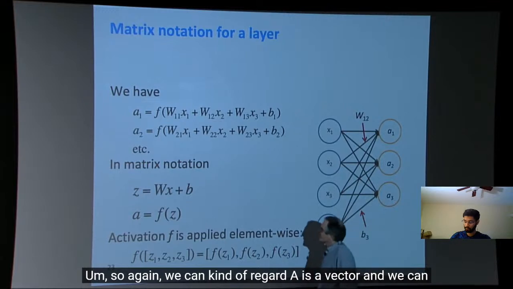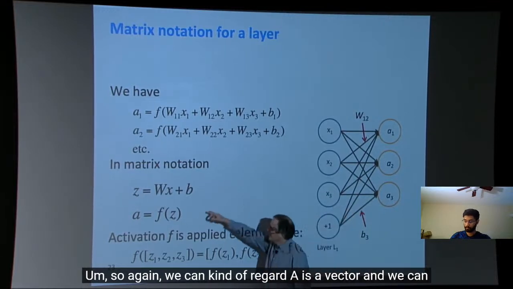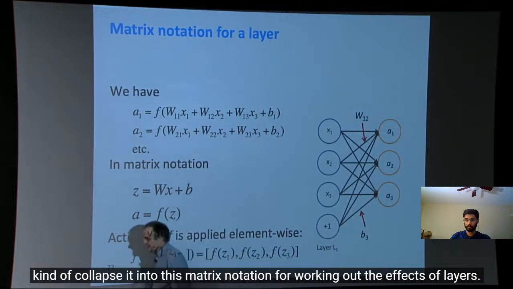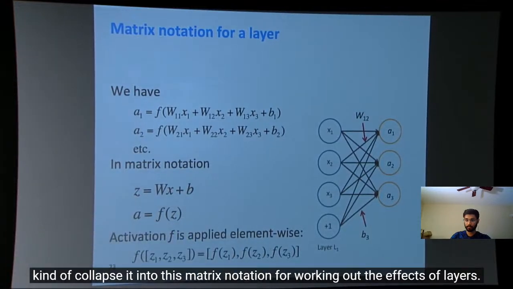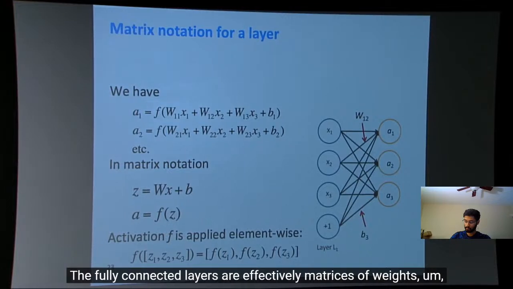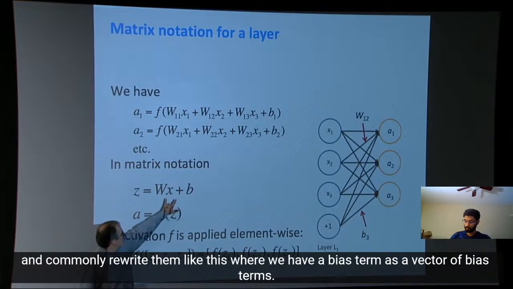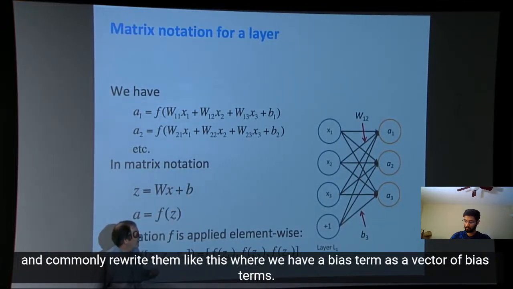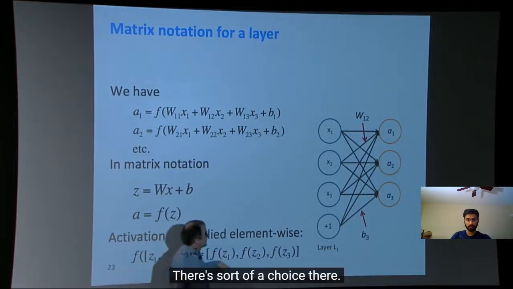So again, we can regard A as a vector, and we can collapse it into this matrix notation for working out the effects of layers. So fully connected layers are effectively matrices of weights. And commonly we write them like this, where we have the bias term as a vector of bias terms. There's a choice there.